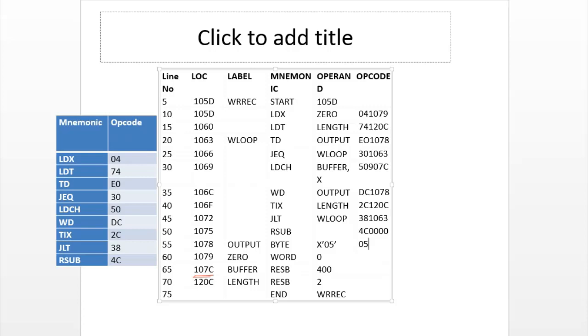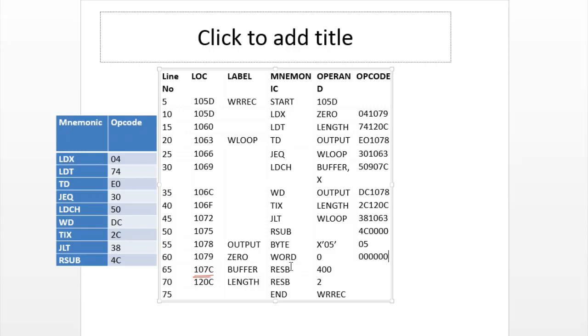Each digit you can pick up from this hexadecimal value and convert into binary by writing its 4-digit binary equivalent. That's it. Now what is the next value? We are defining an integer constant 0. An integer constant is represented in binary in 24 bits. I have done it in hexadecimal: 000000.